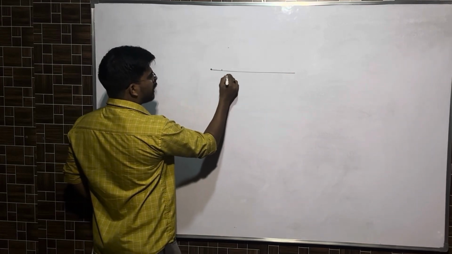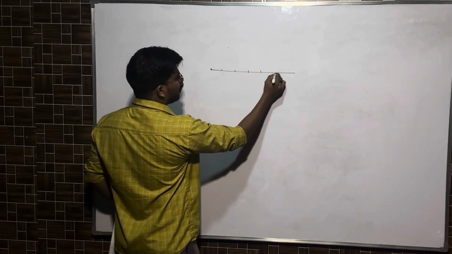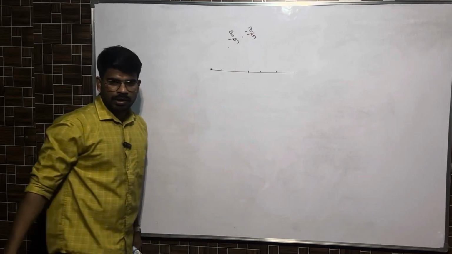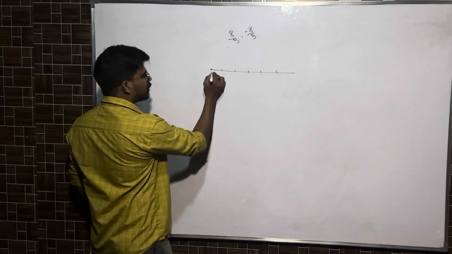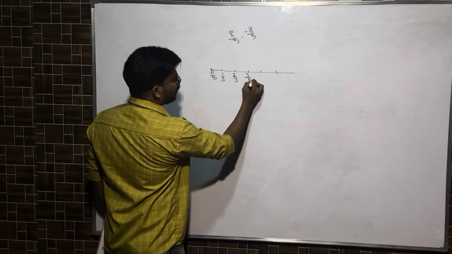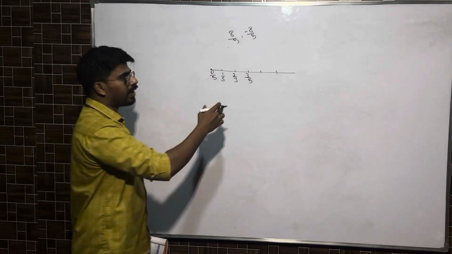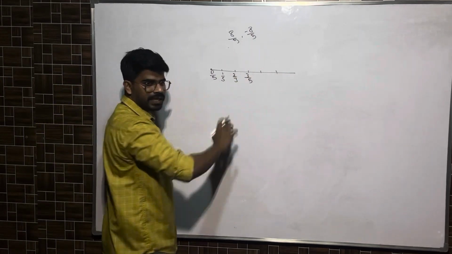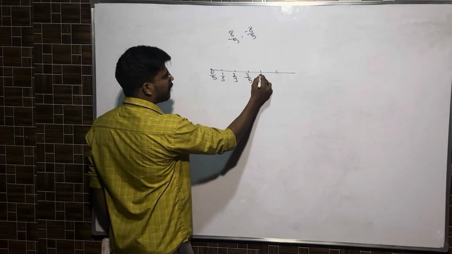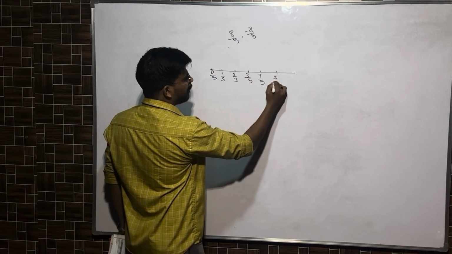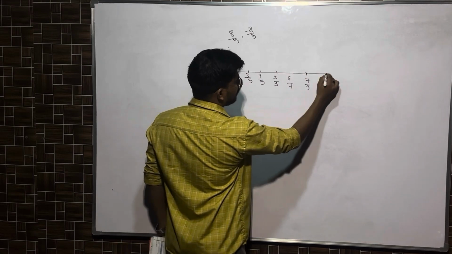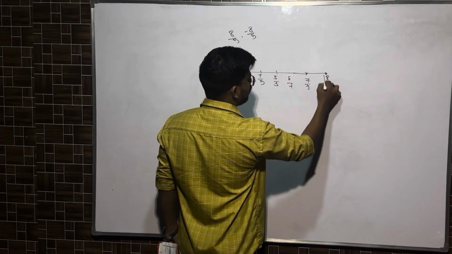First, I will divide a line into 5 parts: 1, 2, 3, 4, 5. We have to represent 8 by 5 and minus 8 by 5 on the number line. So this is 0, 0 by 5, 1 by 5, 2 by 5, 3 by 5. We have to divide the points into as many parts as there are in the denominator, 5 parts. 1 by 5, 2 by 5, 3 by 5, 4 by 5, 5 by 5, 6 by 5, 7 by 5, here 8 by 5.